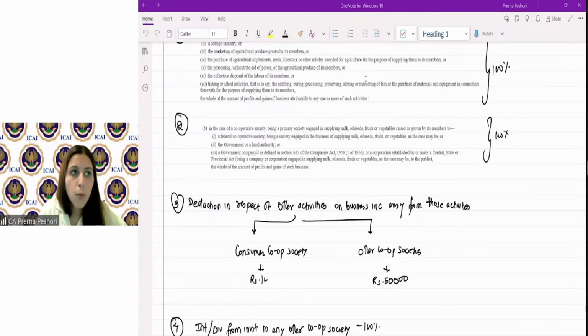So yes, what will you do in this case? Let's start with this question. Yes, students. Have you solved this question? Yes or no?